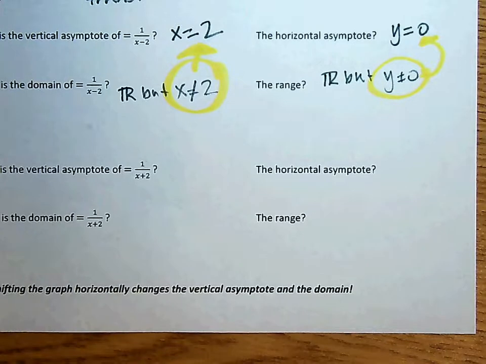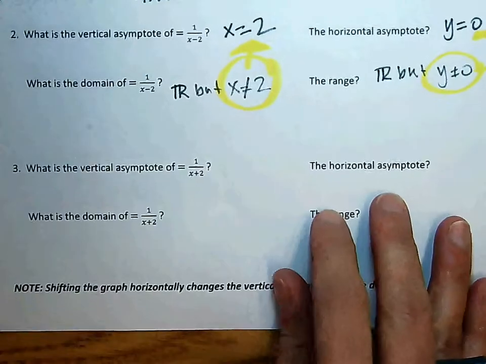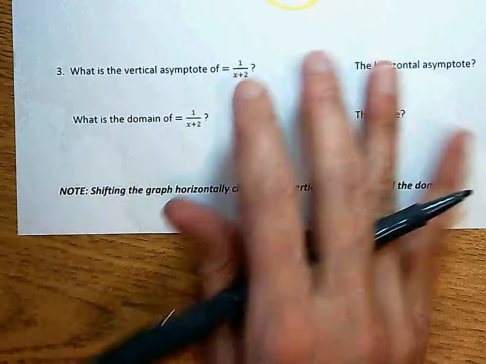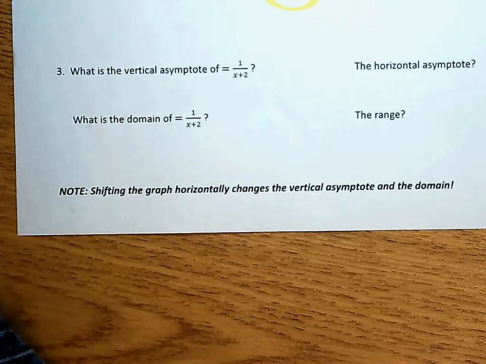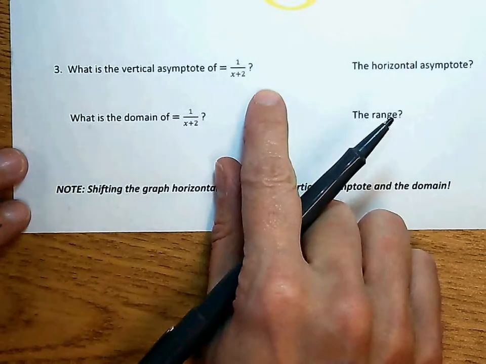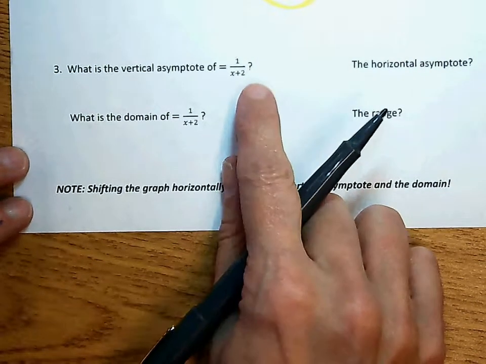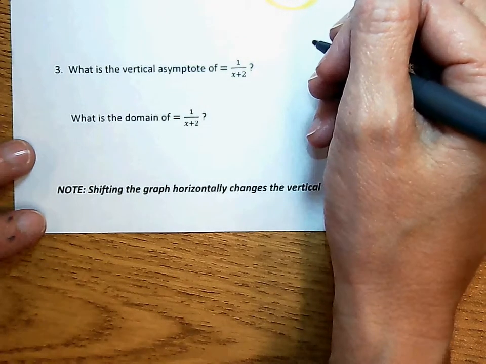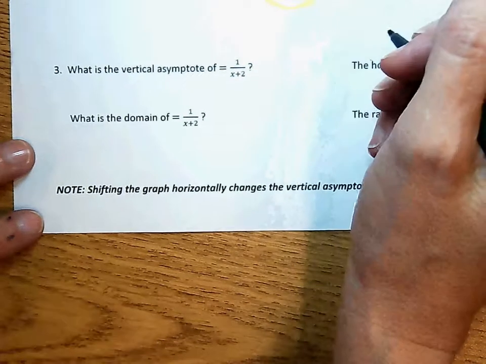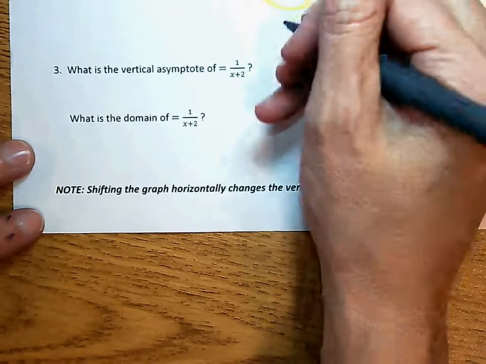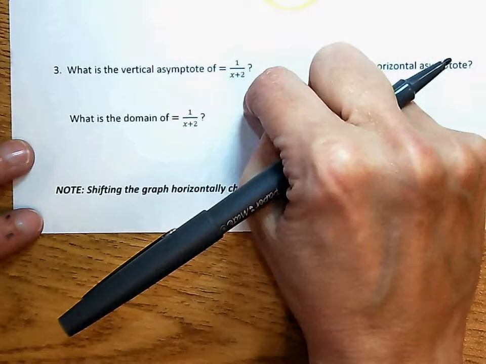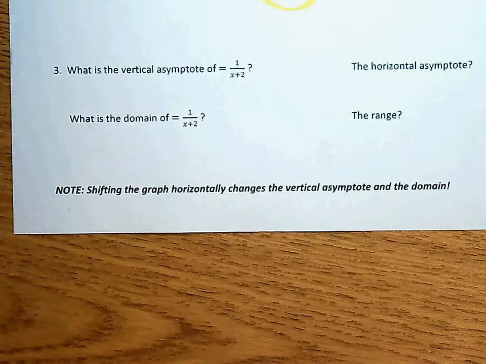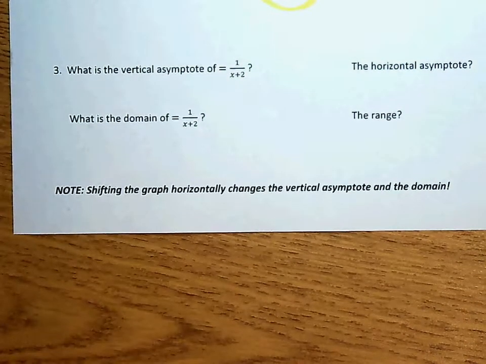Now, what happened when you plugged in this guy? Yeah, it went left too, didn't it? Okay, so it went left too, so where's then the vertical asymptote going to be? Good, -2. You guys, you're thinking about where did it start, and the parent graph has the asymptotes at x equals 0 and y equals 0.